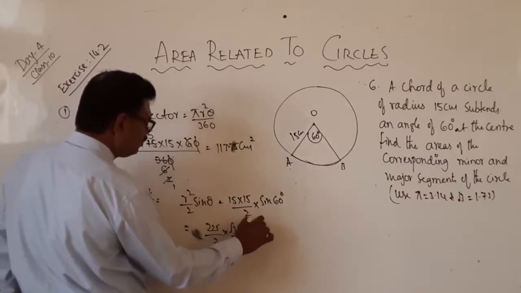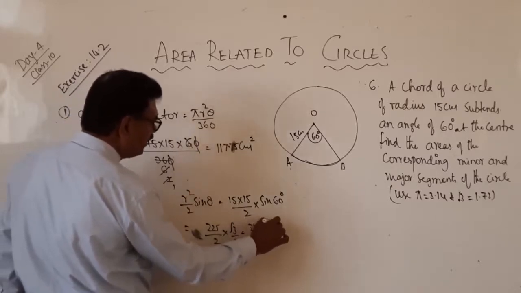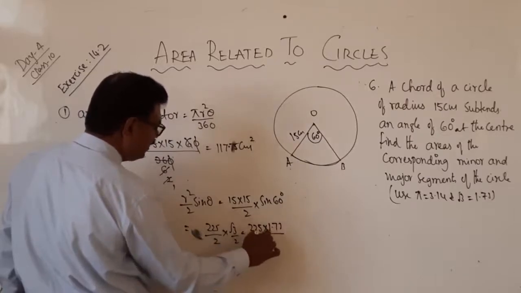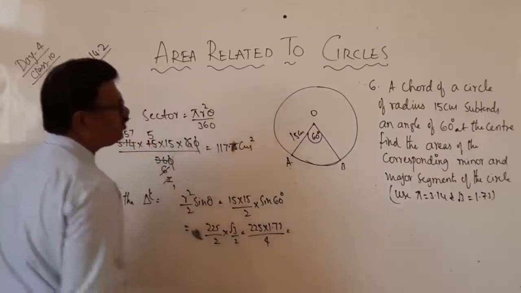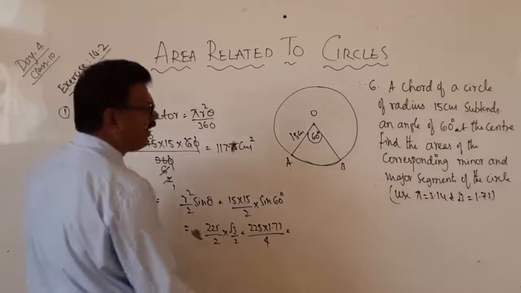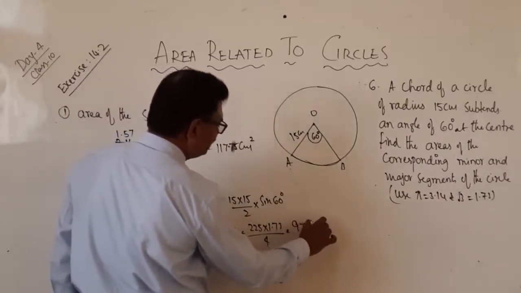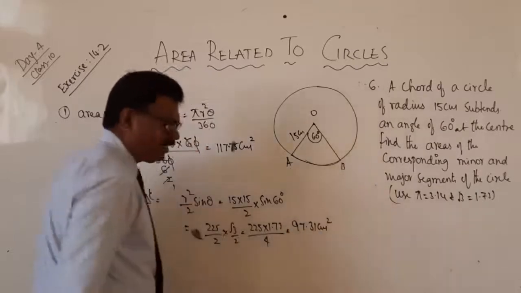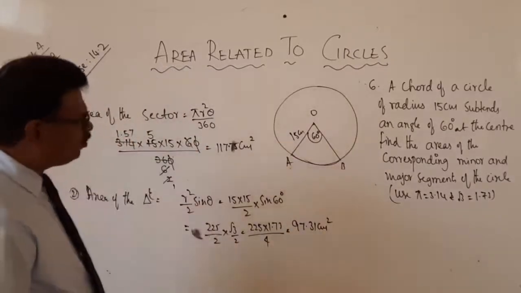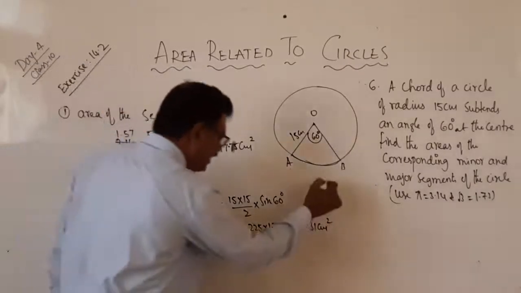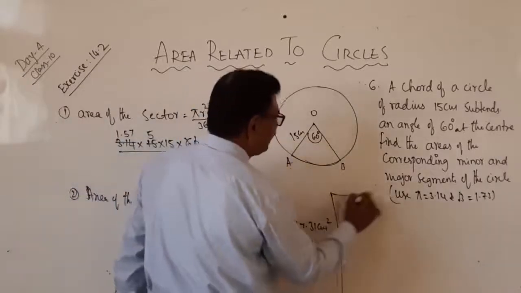That is 225 into 1.73 divided by 4. So approximately it will come as 97.31 centimeter square. Okay? When you got these two, then you can find out the area of the segment.